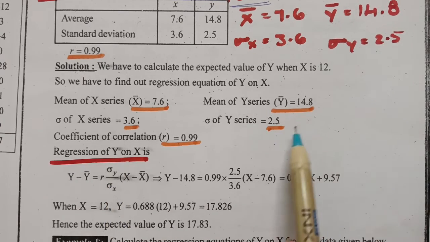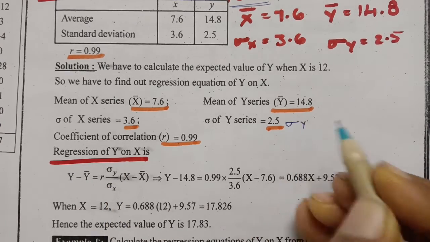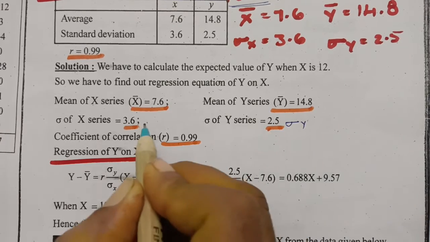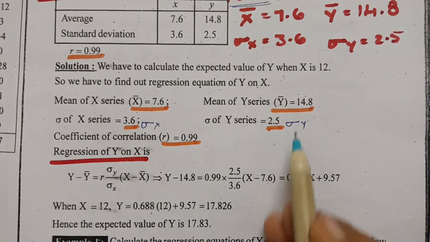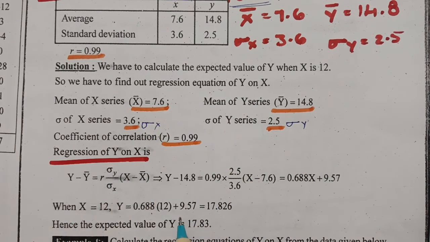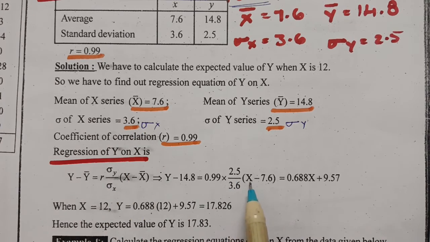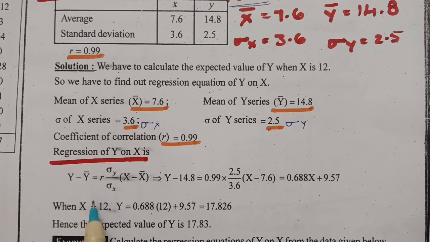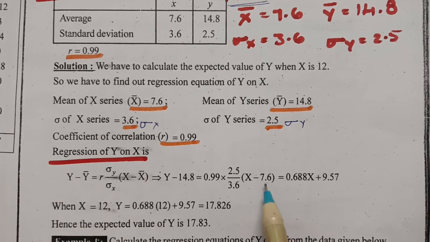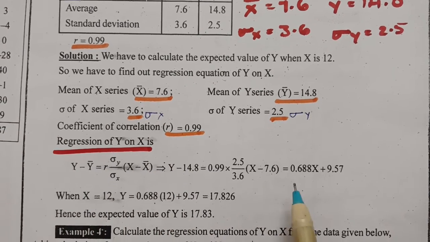Sigma Y value is 2.5. This is sigma Y, and this value is sigma X. So this is 2.5, and the sigma X value is 3.6, times X minus X bar. What is X bar here? X bar value is 7.6. Now we have to multiply this one.